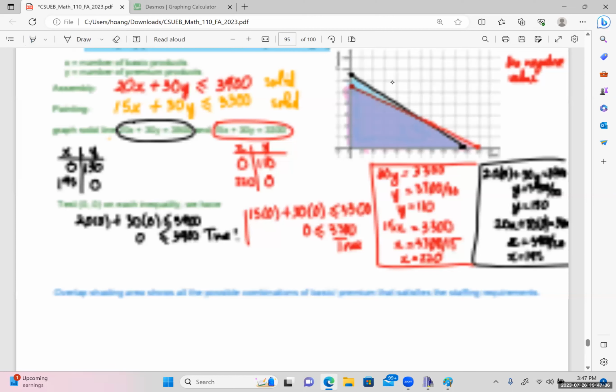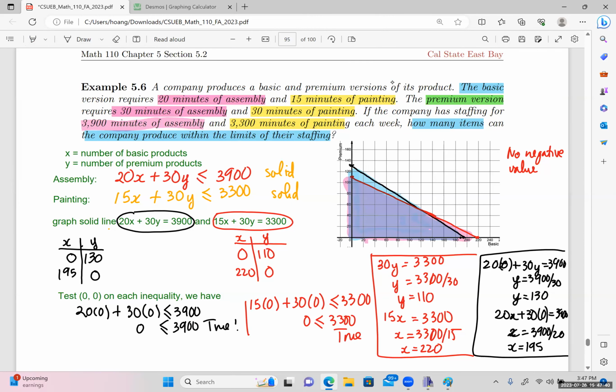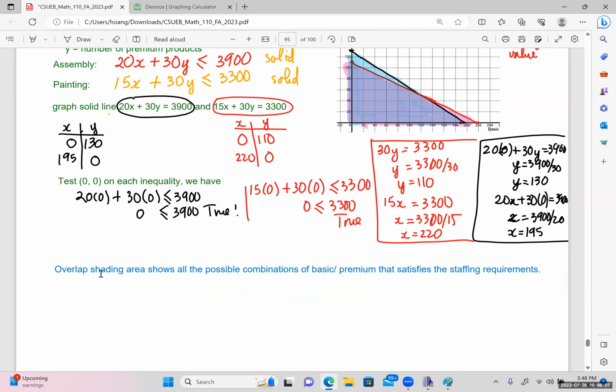We had the system of inequalities set up as 20x plus 30y less than or equal to 3900, and then 15x plus 30y less than or equal to 3300. And we did draw a graph, the overlap shading area, the purple one over there.